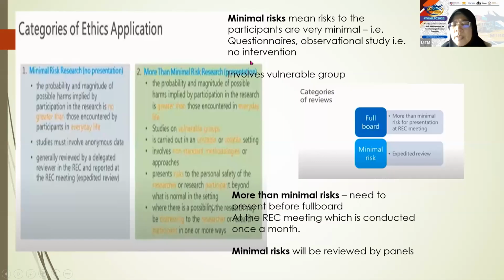For example, remember I said minimal risk or more than minimal risk. If it is minimal risk, for most of our studies in MITRANS we don't really involve humans. They might approve it without really going through the research ethics committee.